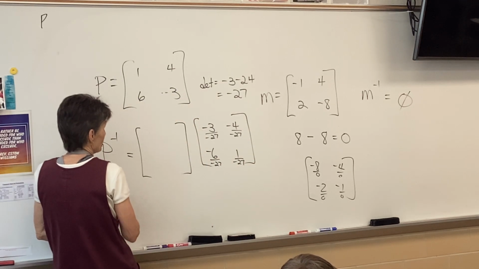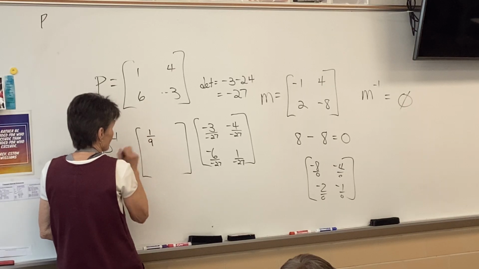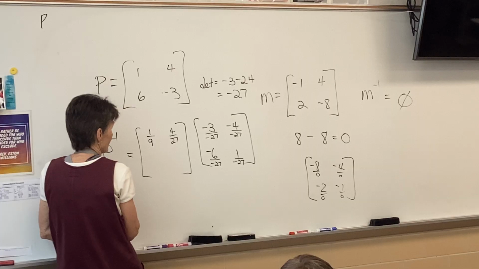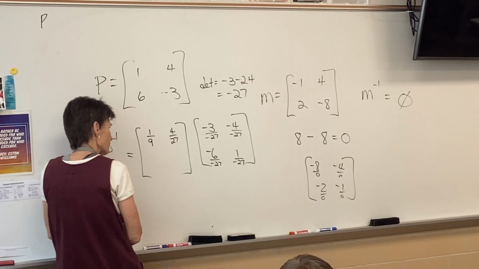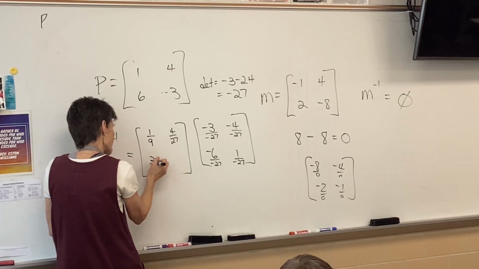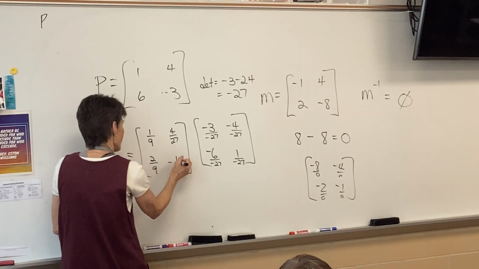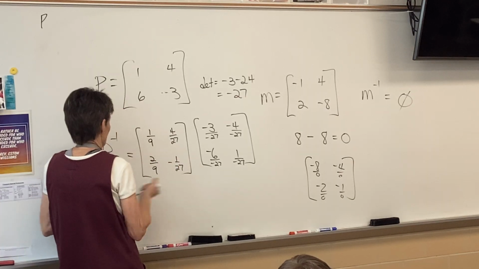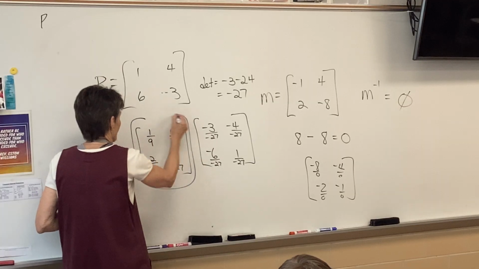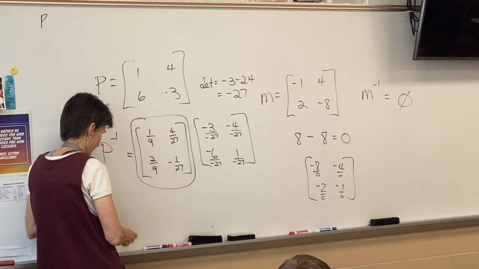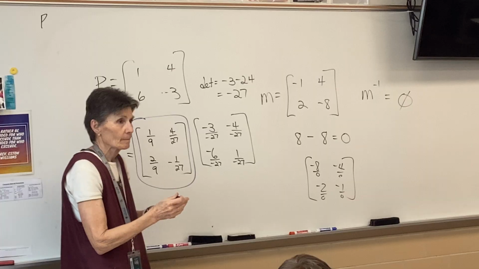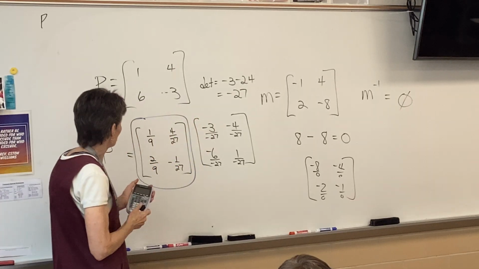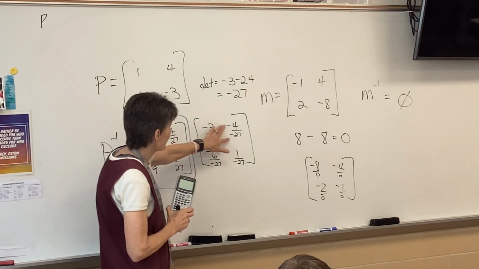So 1/9, 4/27. Oh, what's that one going to be? 2/9, -1/27. Is the 4/27 just not negative? They're both negative.